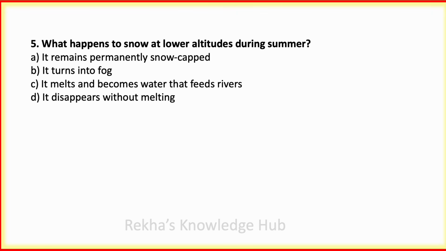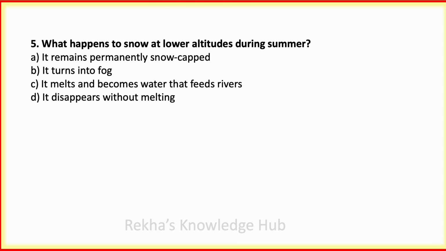What happens to snow at lower altitudes during summer? Options are: it remains permanently snow-capped, it turns into fog, it melts and becomes water that feeds rivers, it disappears without melting.